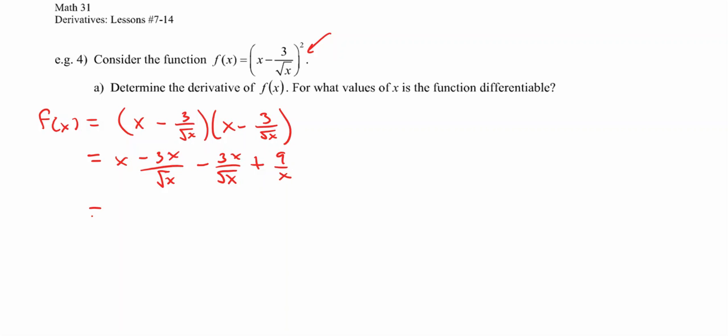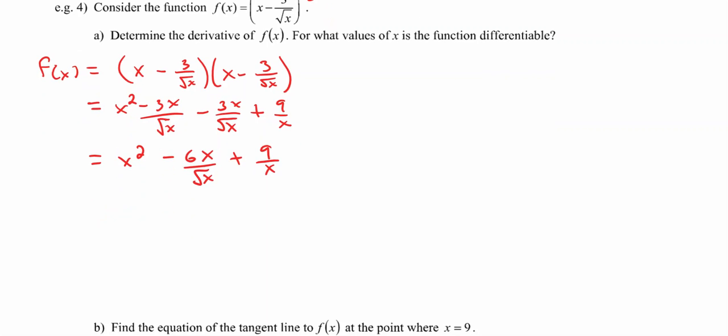Okay, and then I'll just collect those like terms in the middle. So we've got, oh, sorry, that should have been x squared. Thank you. So x squared, and then minus 6x over root x plus 9x.